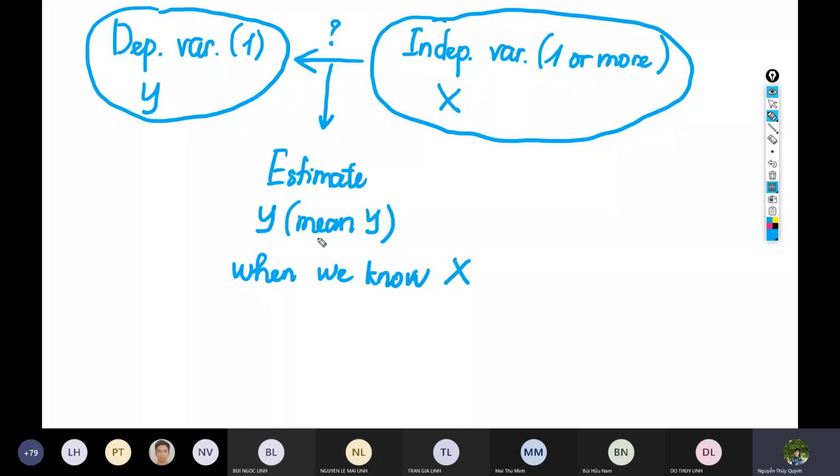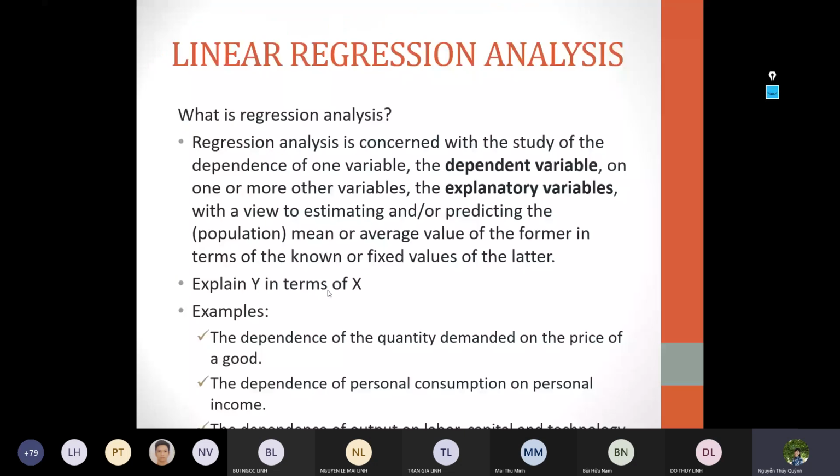We care about the dependence of the dependent variable on the independent variables, and the purpose is to estimate y, or the mean value of y, when we know the value of the independent variables. For example, we want to know the dependence of quantity demanded on the price level of a good.